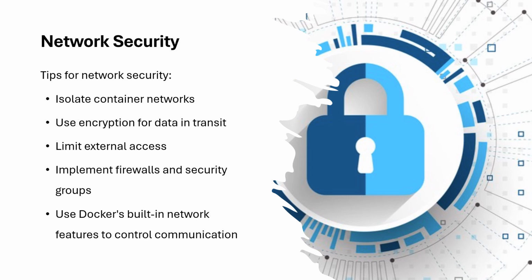Limiting external access to only those services that need to be publicly available, using firewalls and strict access control lists, can also help mitigate exposure and reduce the attack surface. Docker's built-in network features like bridge, overlay, and host networking allow you to tailor the network configuration to meet security requirements.